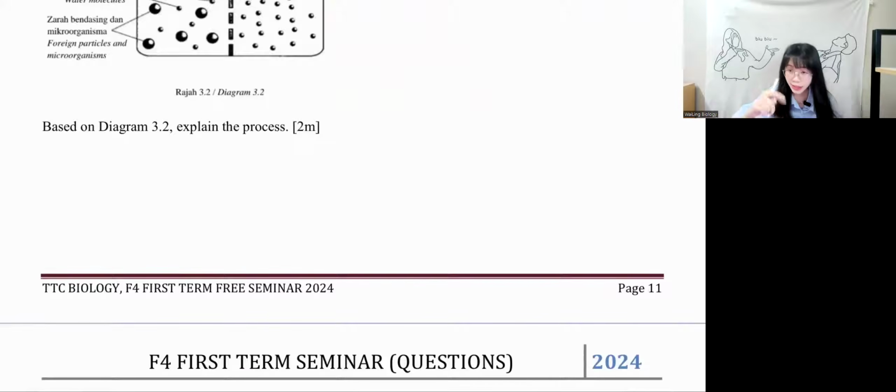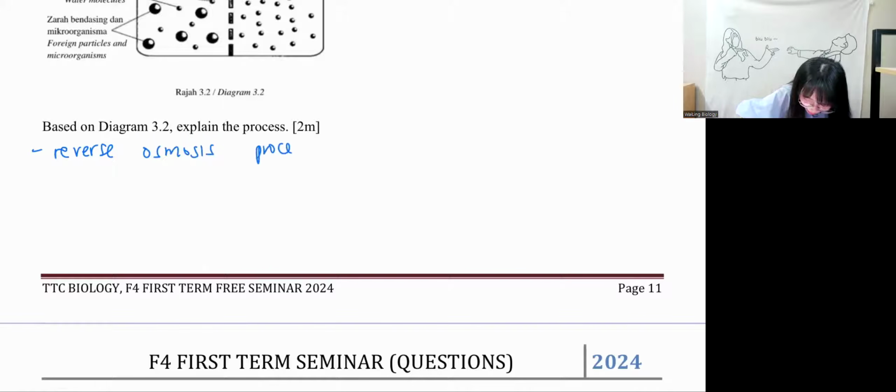So to explain in a sentence, because this is actually in 3.4, your application question. But again, as osmosis, I'll just talk about it together. So you're going to say reverse osmosis process.